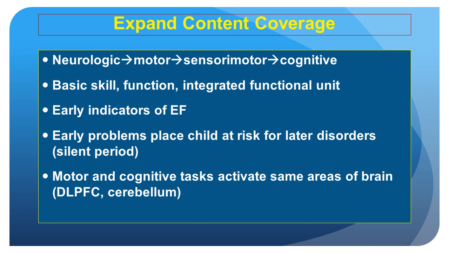Another way to look at this is we assess basic skills, and this would be something like reaching or grasping. These can be combined into a function, such as reaching, grasping, and bringing an object to the mouth, and then it could evolve into an integrated functional unit where the child would overcome a barrier to obtain an object that is then brought to the mouth.